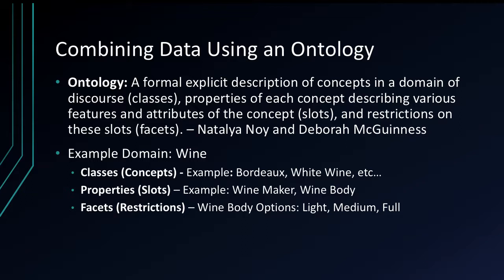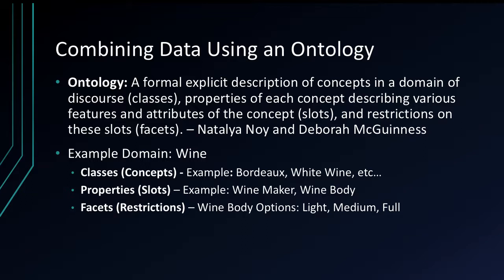It also includes the properties of each concept, describing various features and attributes of the concepts. And so these features are also known as slots. And finally, the restrictions on these slots are also part of an ontology. And these restrictions can also be called facets.